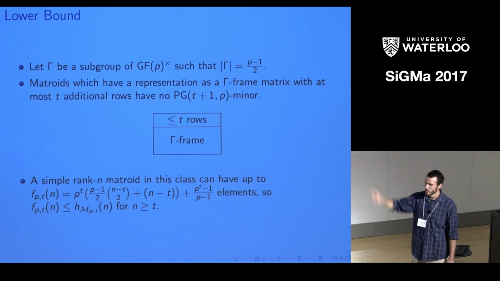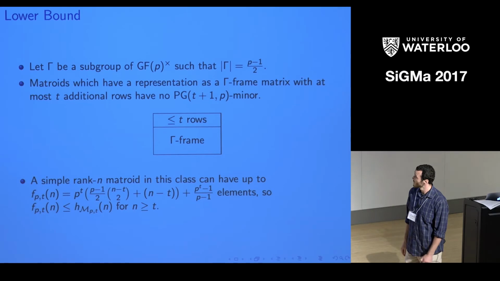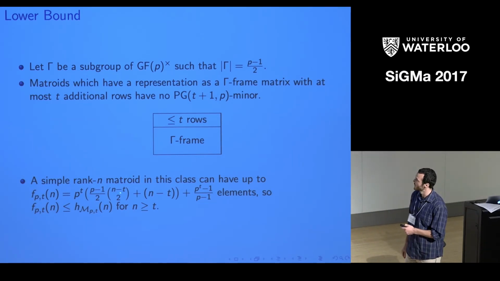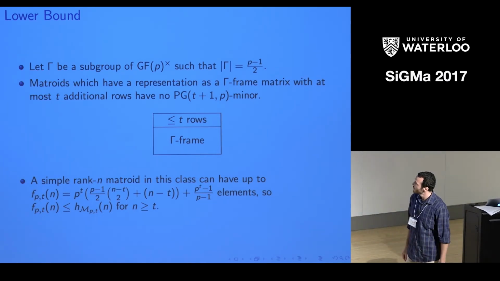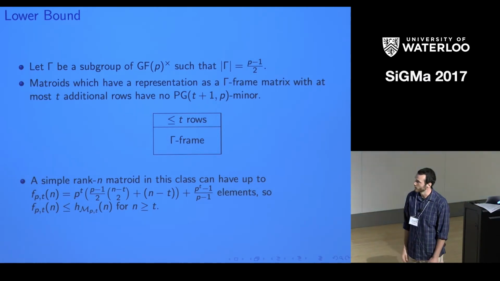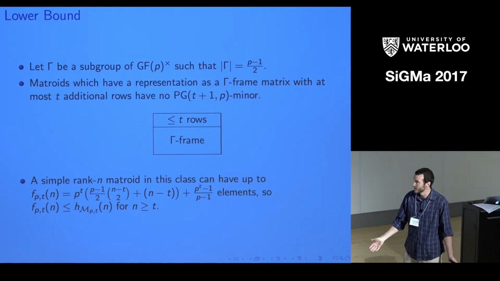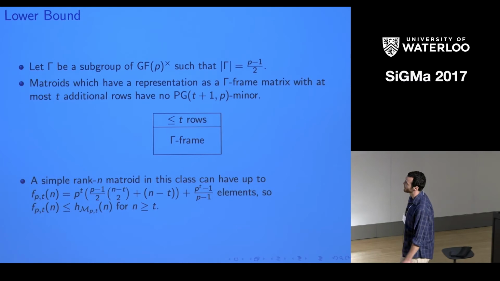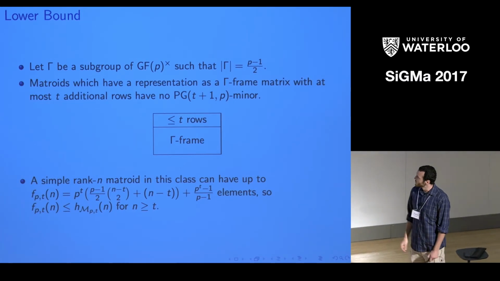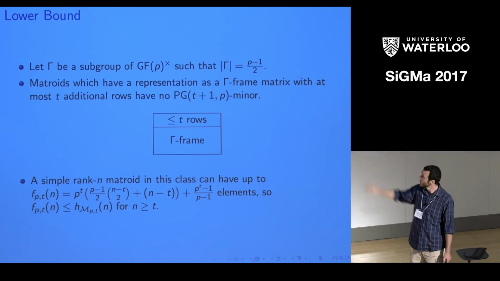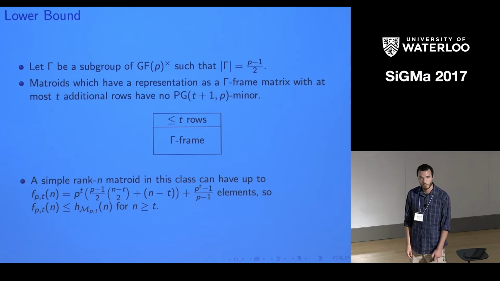And just note that this function is quadratic in n because of the (n minus t choose 2). And the leading coefficient is roughly p to the t. So it's a nice function. So we have a lower bound. What can we say about an upper bound on the growth rate function?